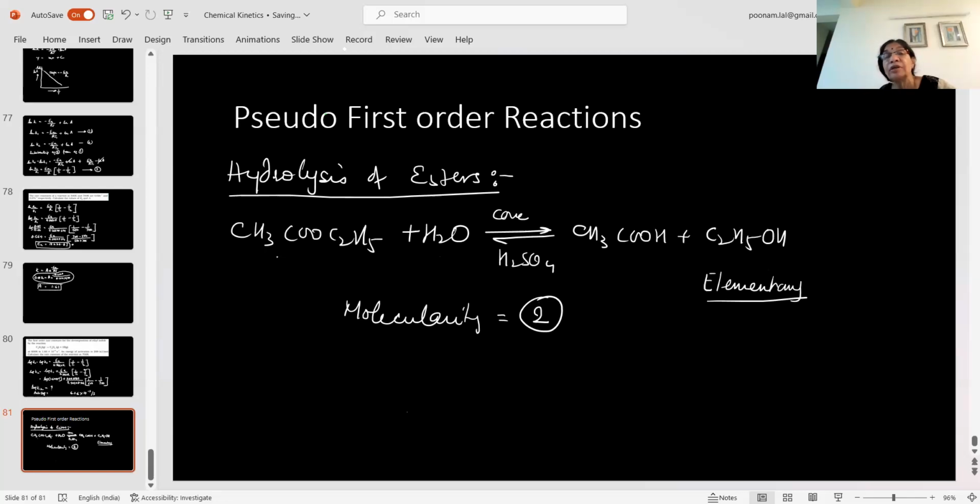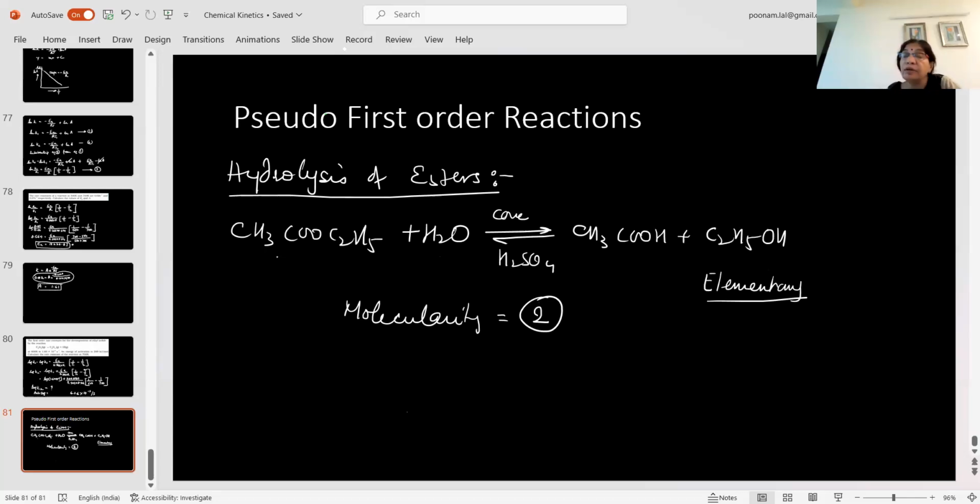So although it is a bimolecular reaction where the order should be 2, when I calculate, the order of the reaction appears to be 1. Such bimolecular reactions, which are elementary but actually first order because the second reactant is in large excess, are known as pseudo first order reactions.